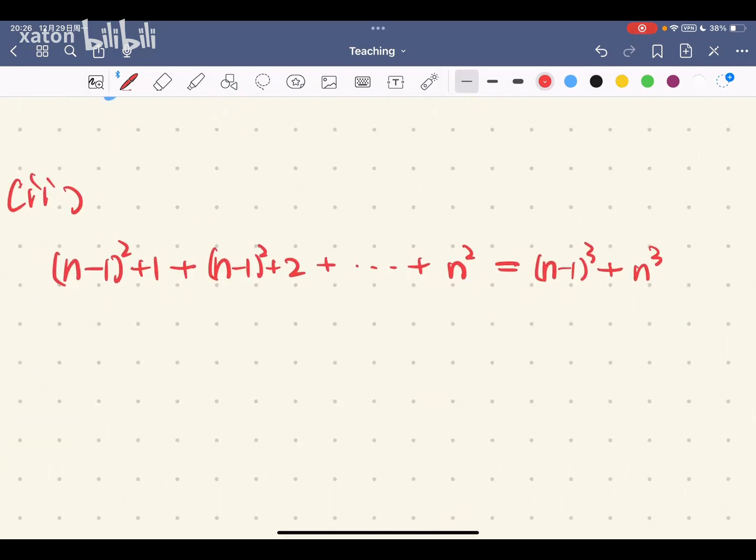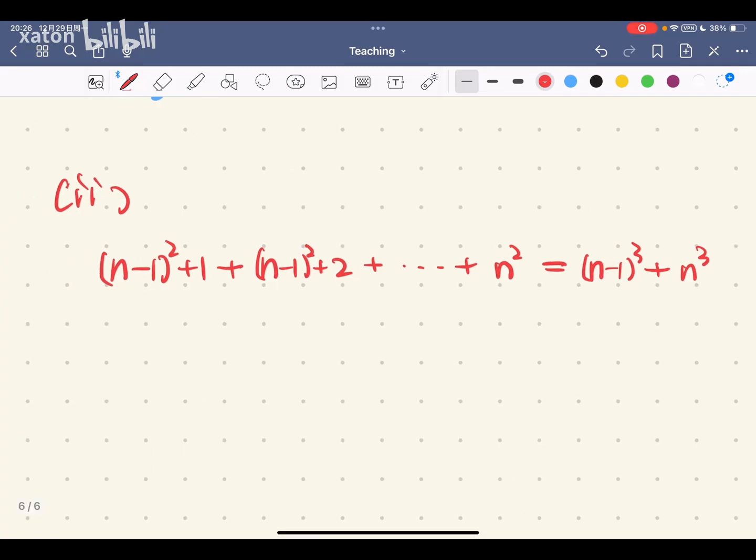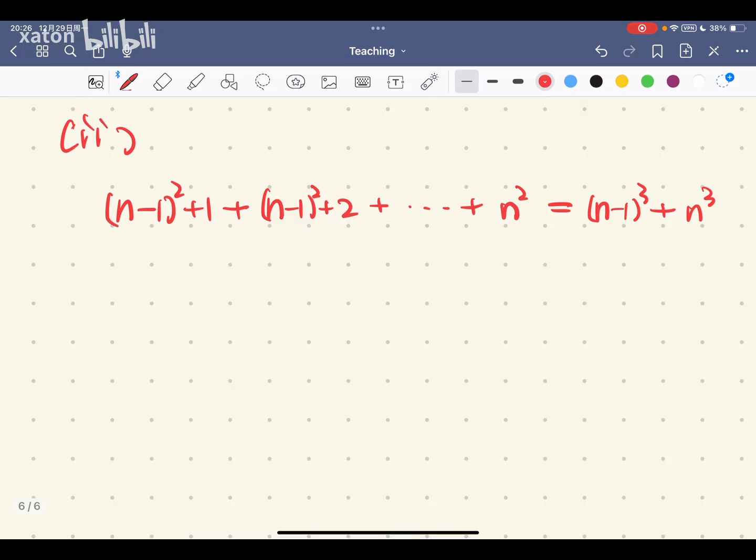And this actually has nothing to do with induction. The left one is just an arithmetic sum. We can use what we got above to sum them up. It is basically 1 over 2 times n squared minus n minus 1 squared plus 1 and minus 1.